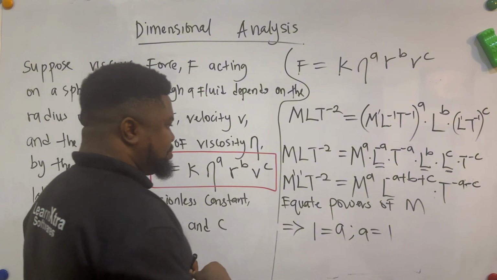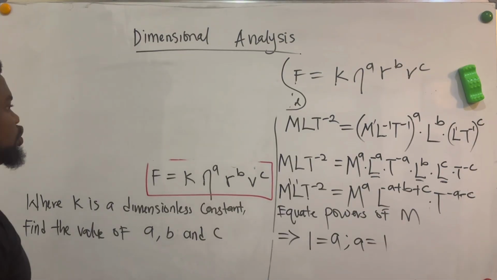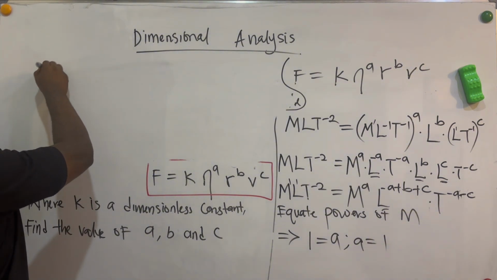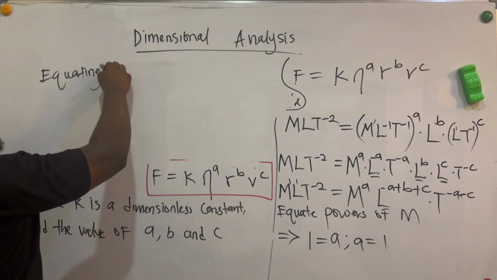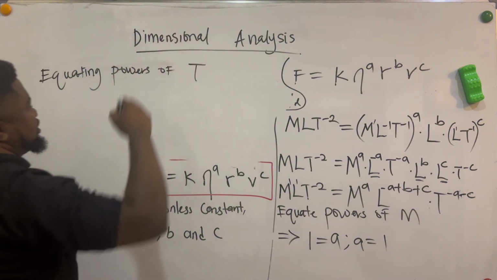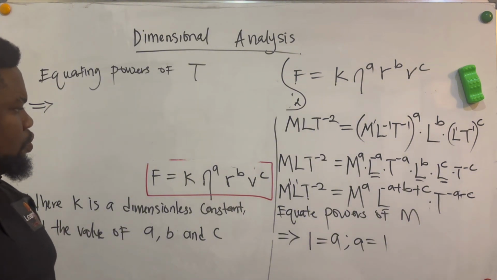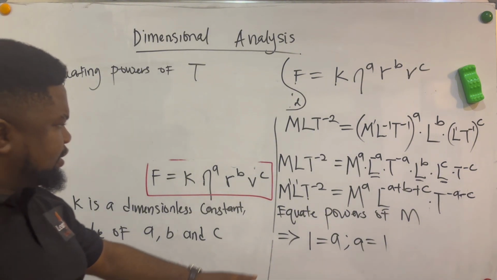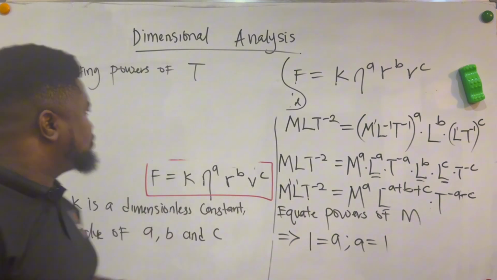So equating the powers of T. This will mean that on the left hand side, T is minus 2.